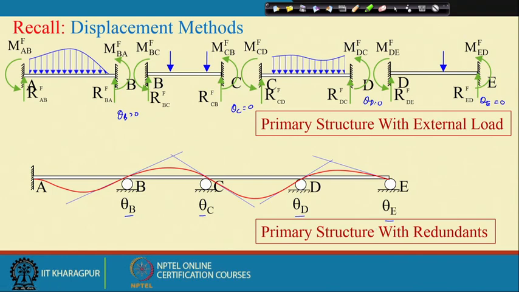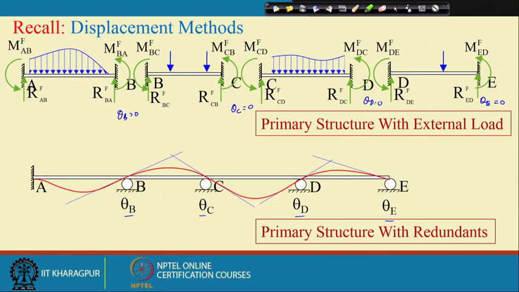Now, in order to get this red deformed shape, you need certain forces, right? But in this structure there is no force. All the external load is only on the primary structure.